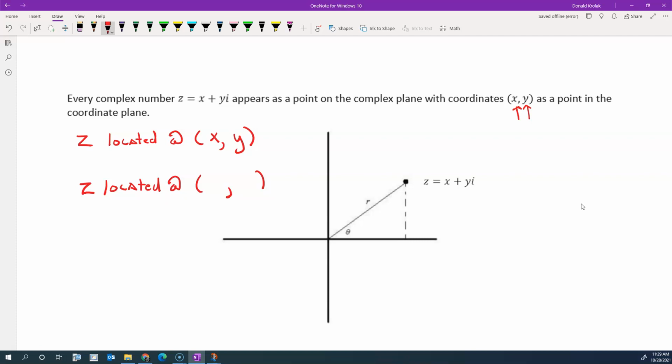Do you guys follow that this x coordinate right here is the same length as this side?